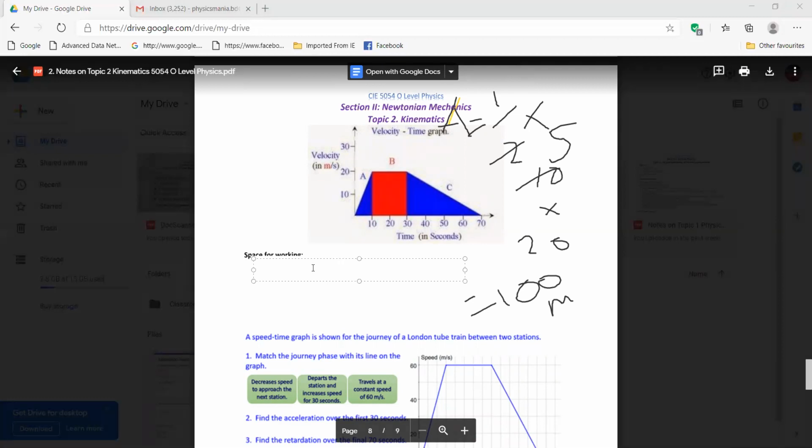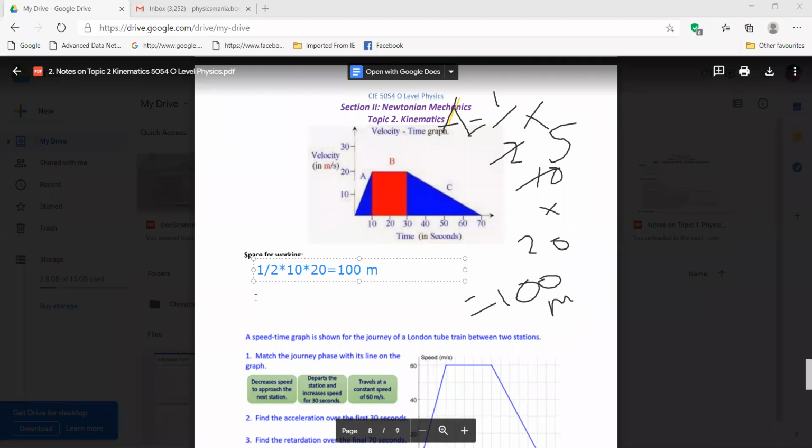This way, it will be easier. Half multiplied by base. Base is how much? 10. Then height is 20, right? Then equals 100 meter.